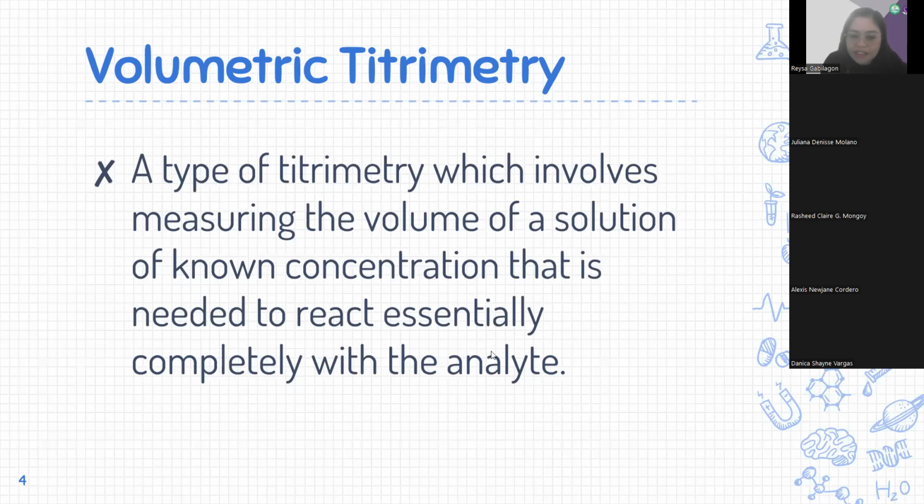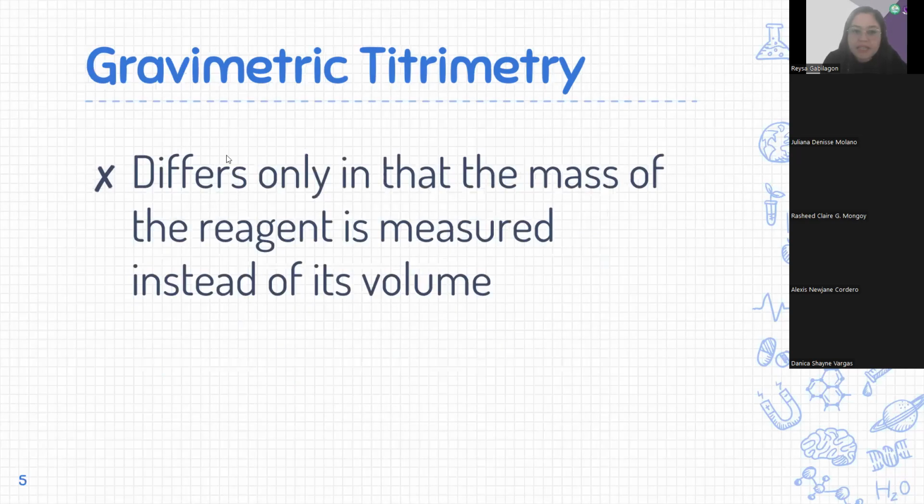So after reacting with the analyte, you got the end point, and after the end point, there you measure the volume. Kasi meron din tayong tinatawag na gravimetric titrimetry, pero hindi natin ito ginawa, class, sa laboratory. Anong ginagawa sa gravimetric titrimetry? It's actually the same thing.